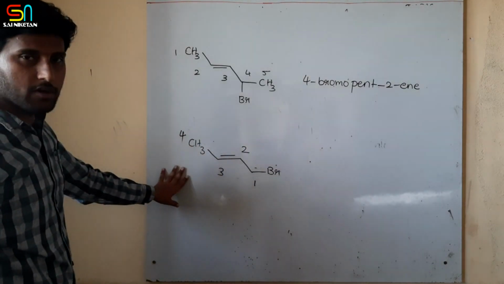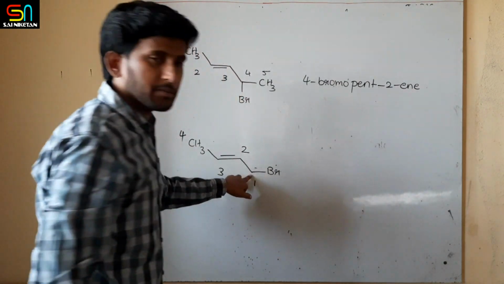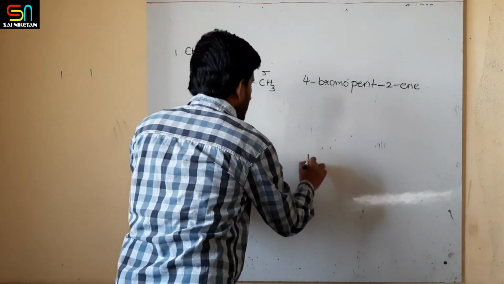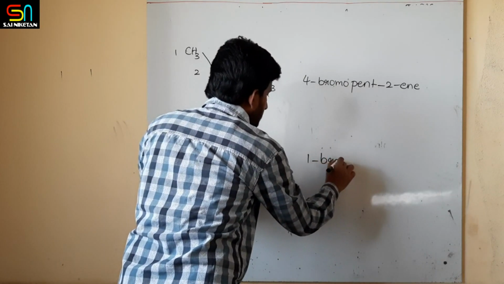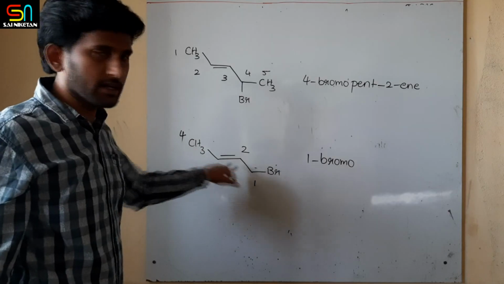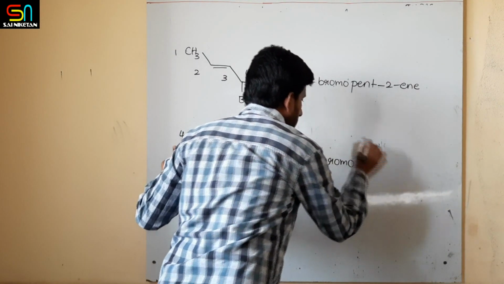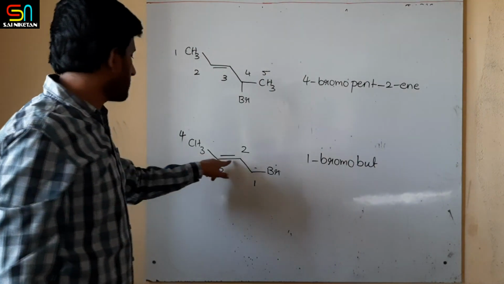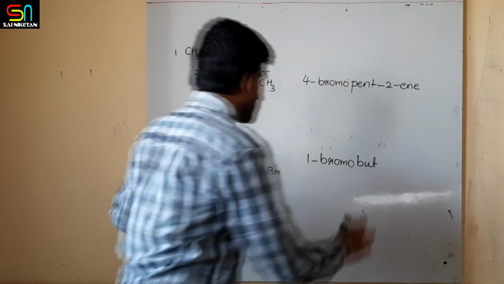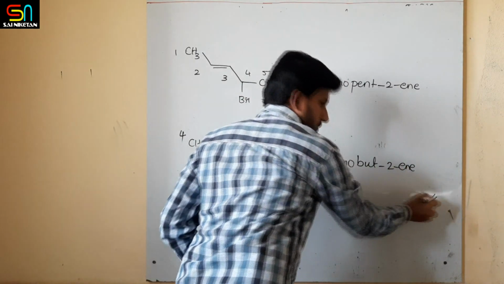So the name of this compound should be: the first carbon contains bromine, so 1-bromo, and it is a 4-membered compound, so but, and the double bond is at the second position, so 1-bromobut-2-ene.